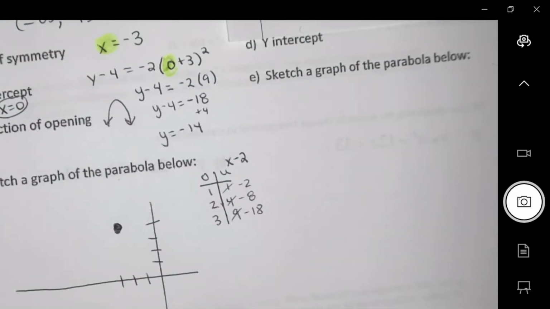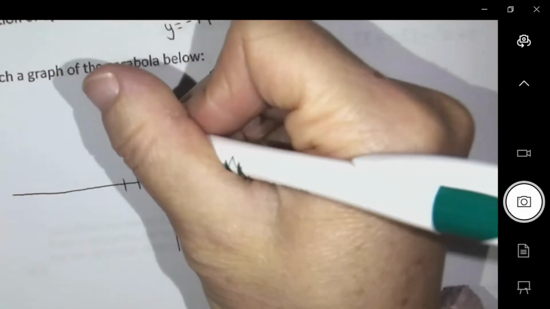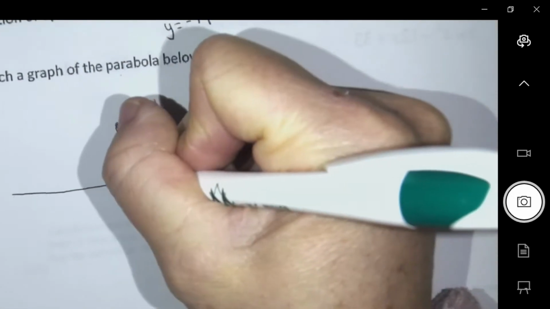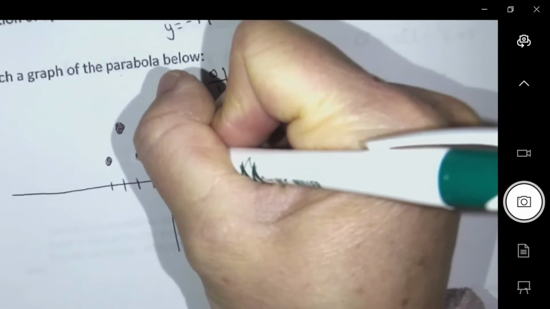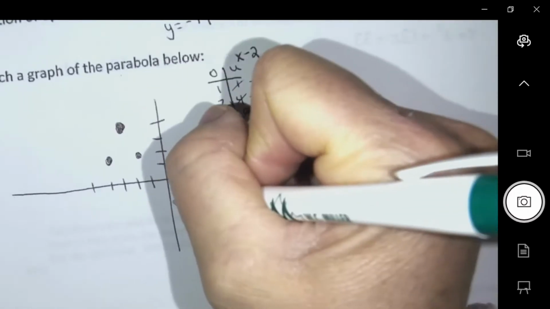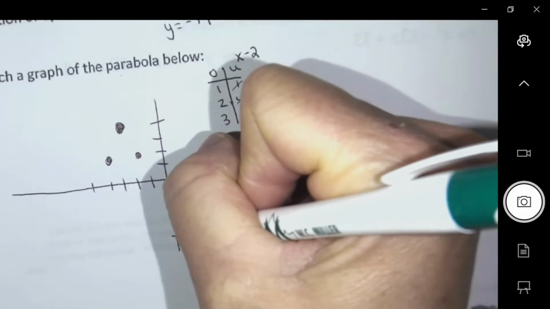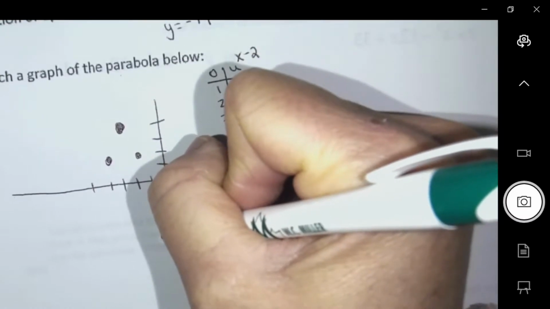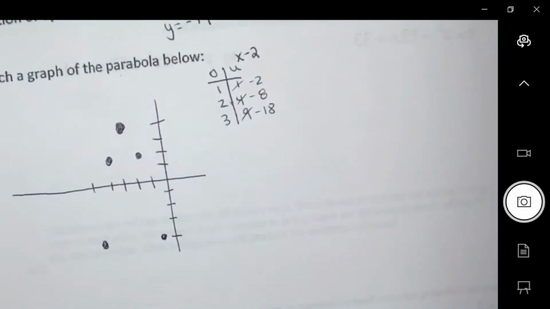On your test, I'm going to expect you to write 5 points on your graph. Okay, so I'm going to go over 1, down 2, and over 2, down 8.